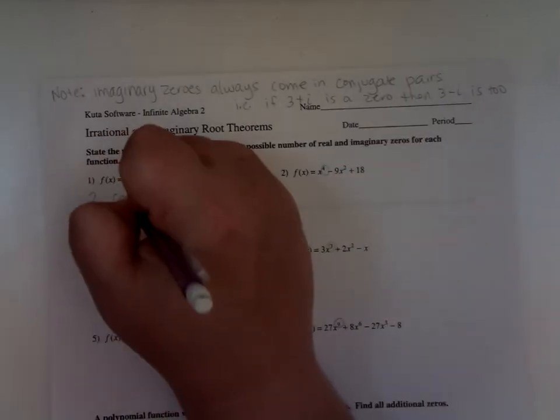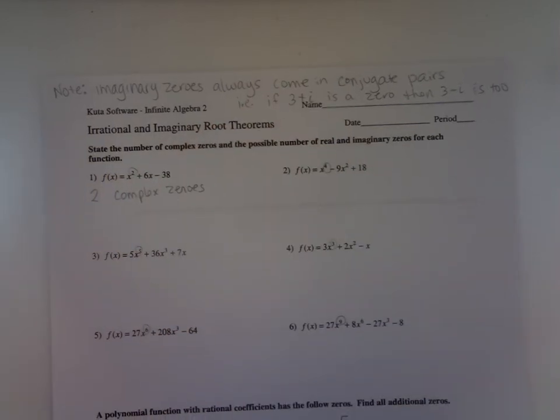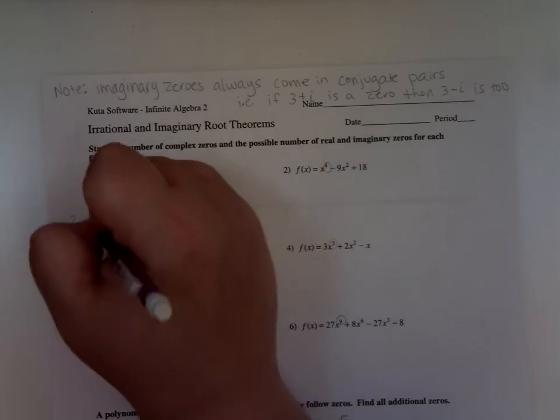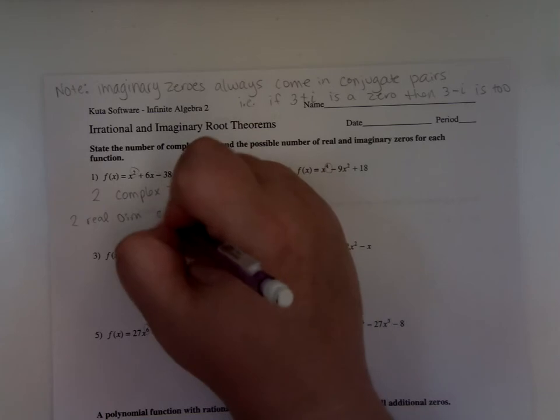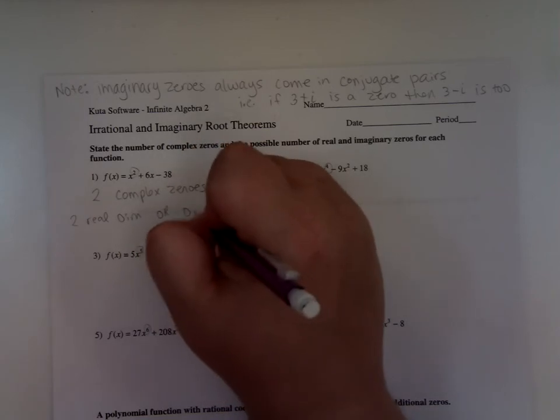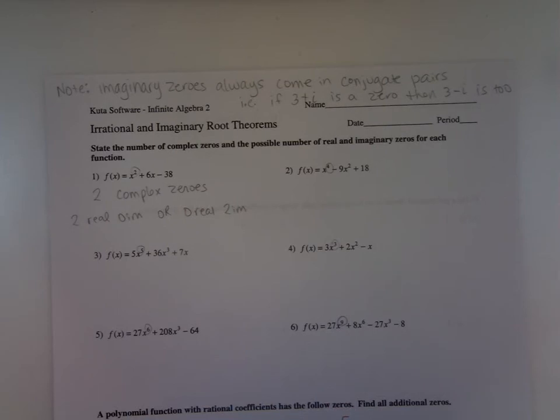So it has 2 complex zeros. And it could either have 2 real and 0 imaginary, or it could have 0 real and 2 imaginary. You can't have 1 and 1 because, again, imaginary roots always come in pairs.